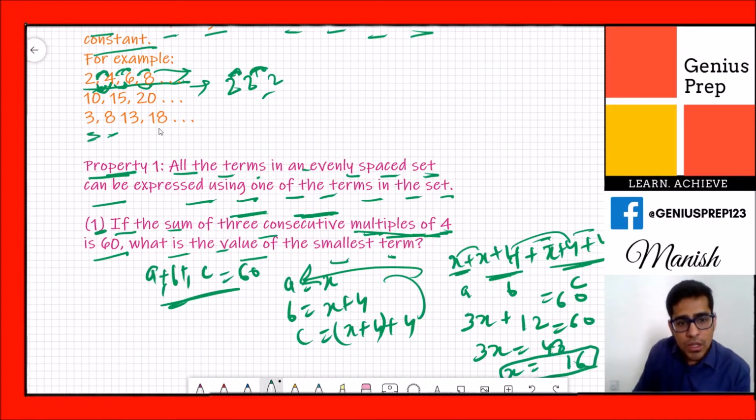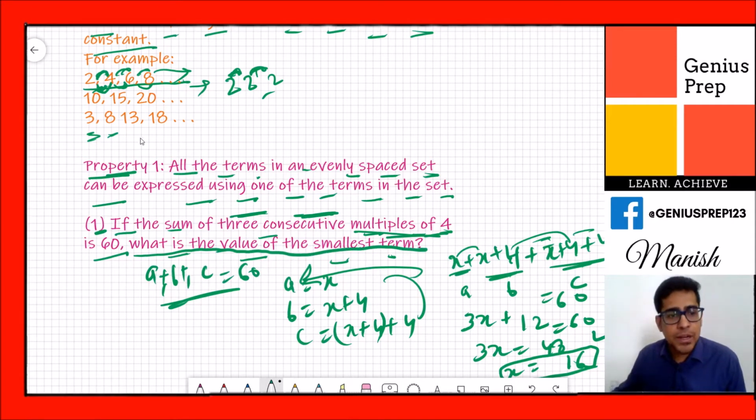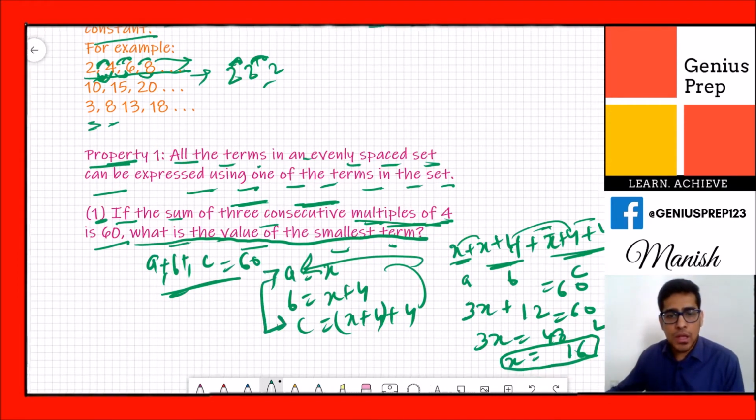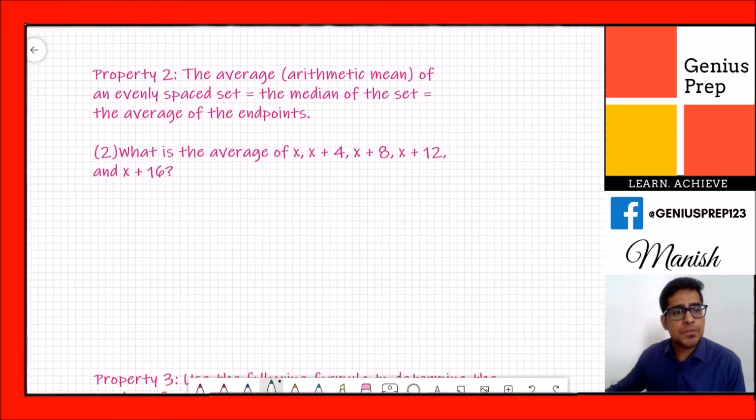We have to find the value of the smallest term, so X, 16, is the answer. I hope you get this. Always remember, whenever you have a question related to an evenly spaced set, you can use this concept to solve it. Now let's move to the second property.